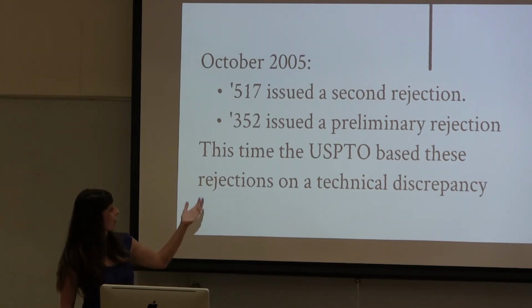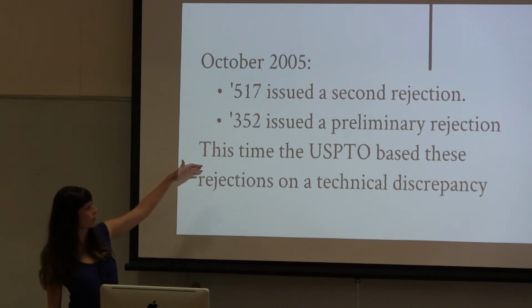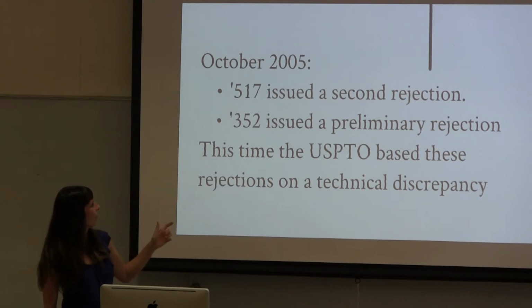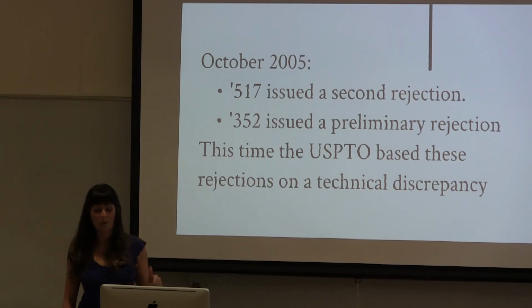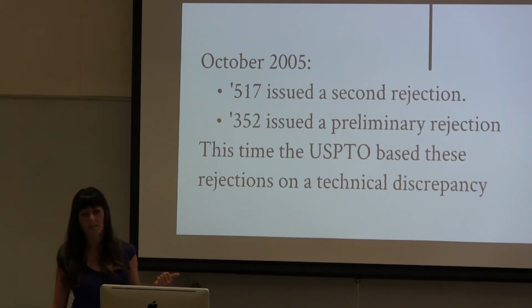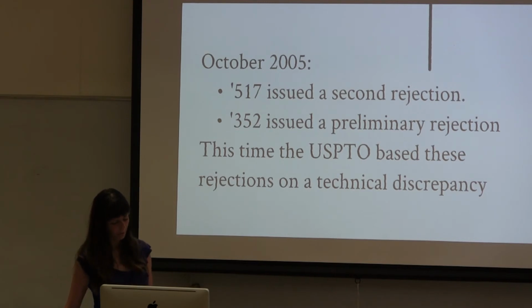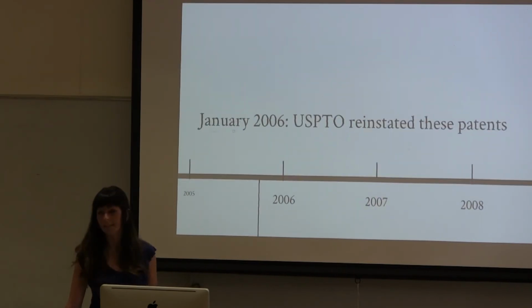And after these amendments were made, the USPTO reviewed it again and made another rejection. But this time, it wasn't based on the prior art. It was based on some technical discrepancy that could easily be amended. So Microsoft did, and these were reinstated.